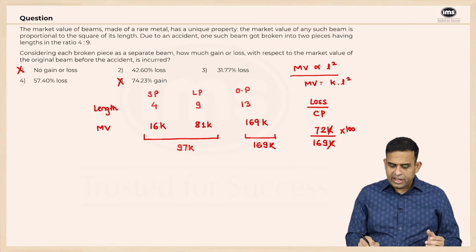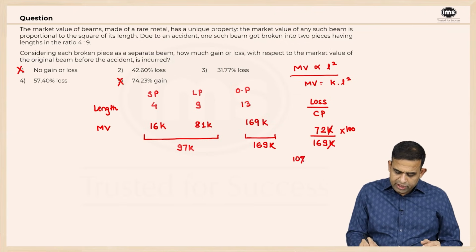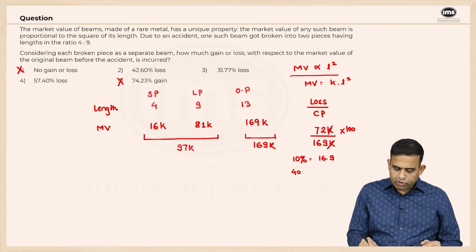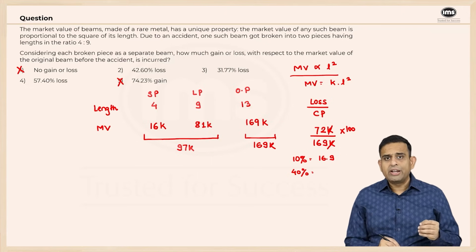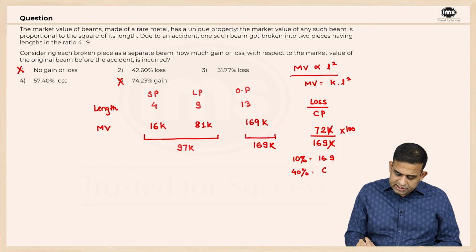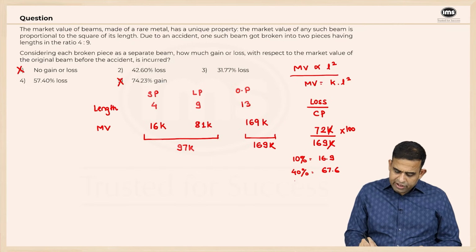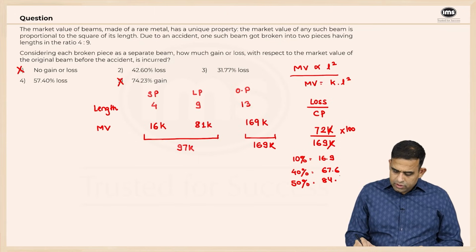If you look at 10% of this number, it would mean 16.9. So if I look at 40%, because 16.9 into 4 will give you 67.6, and 50% definitely is going to be equal to 84.5.